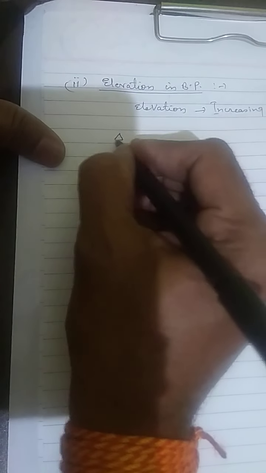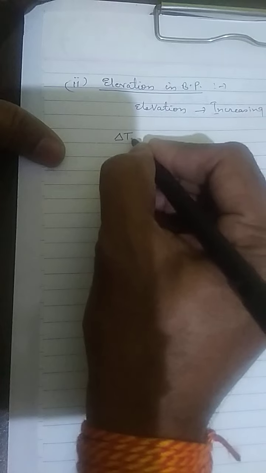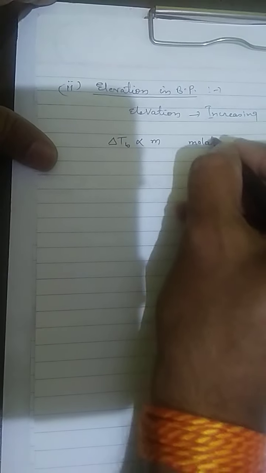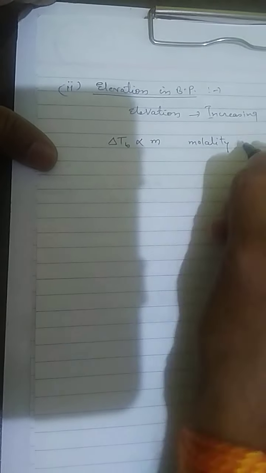So here we will discuss in terms of this elevation in boiling point. This depends on the temperature. So delta TB is proportional to m, m is the molality, right?